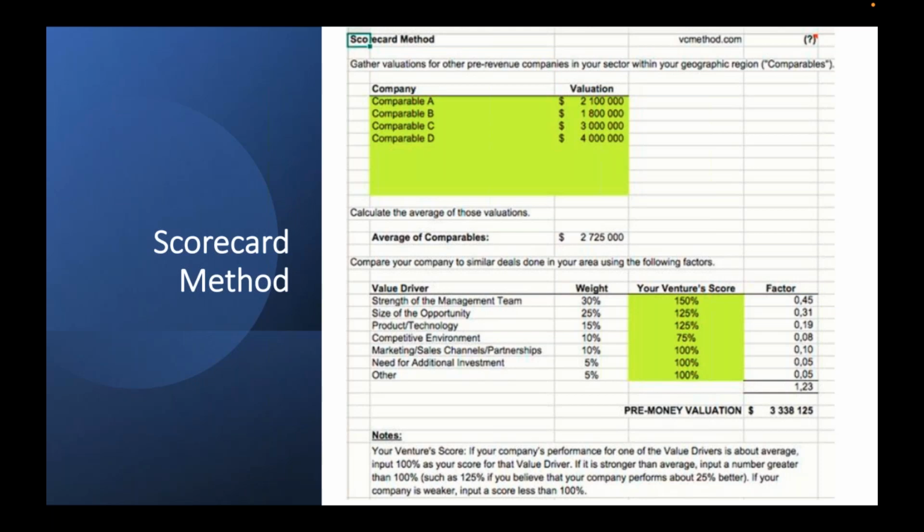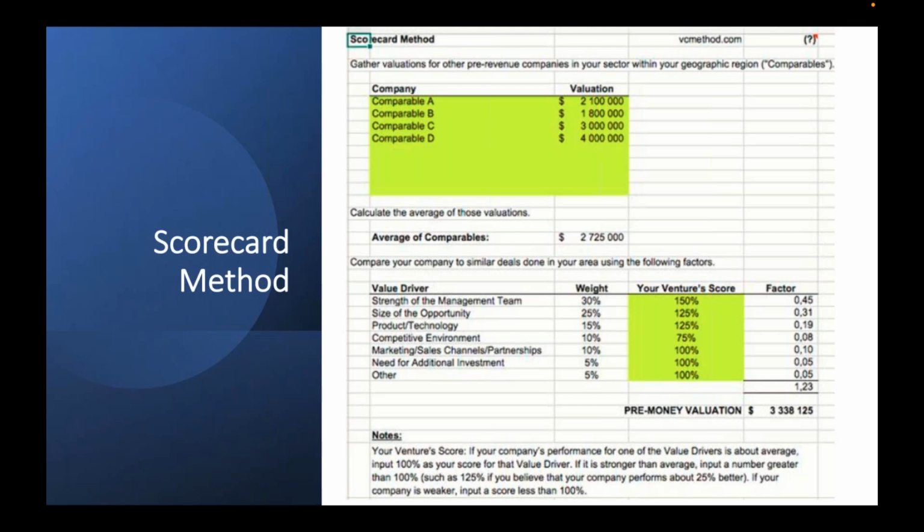So at the top here, we see the comparables that were located, and there are various places that you can find those comps for similar stage valuations. But in this case, the average of all those comparables was $2,725,000. So from there, you evaluate the subject investment.